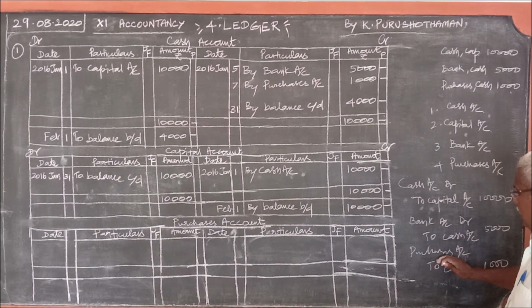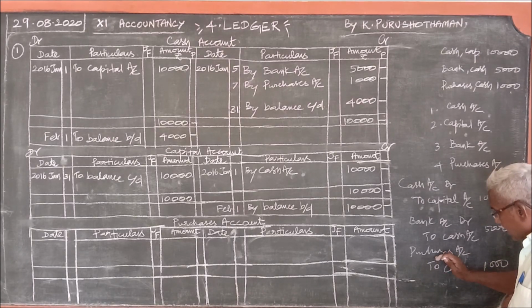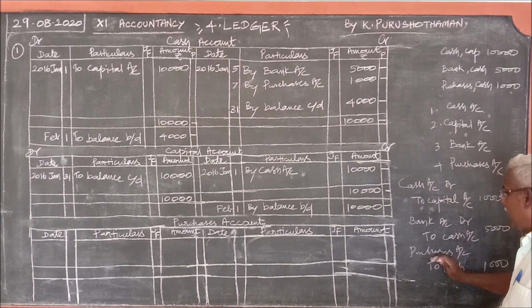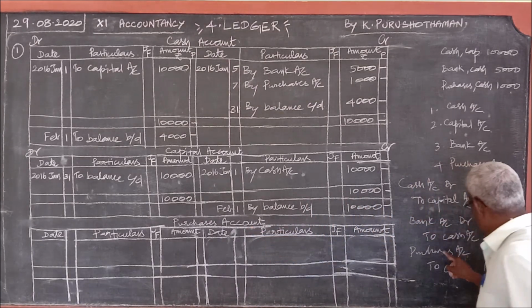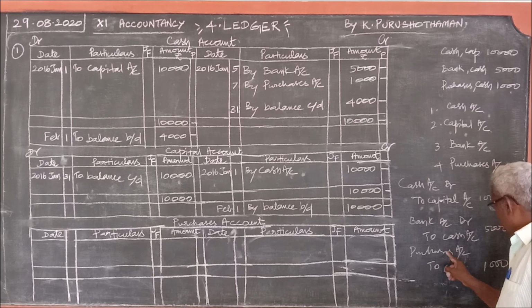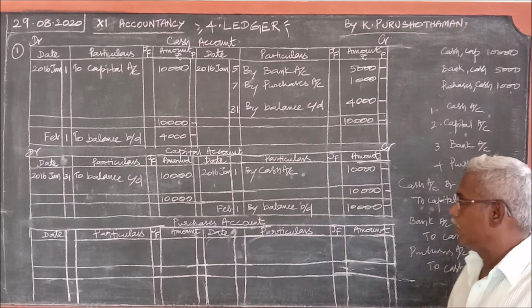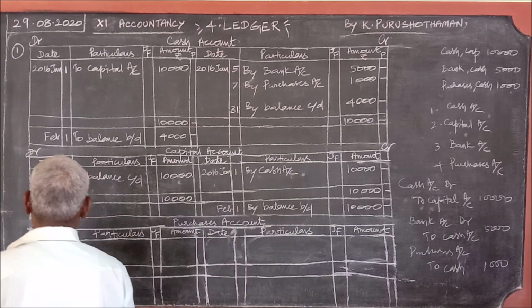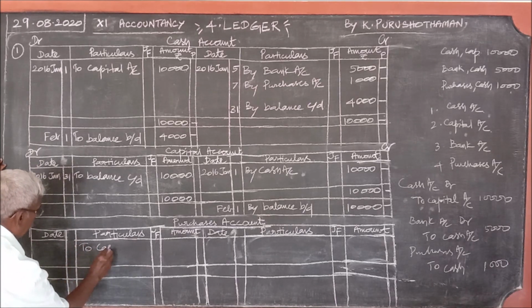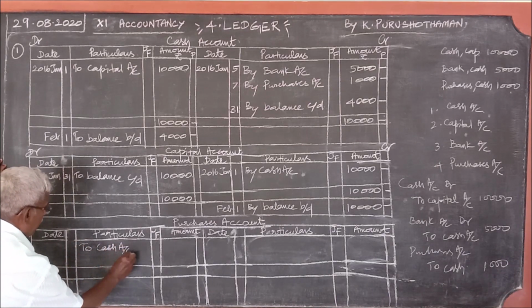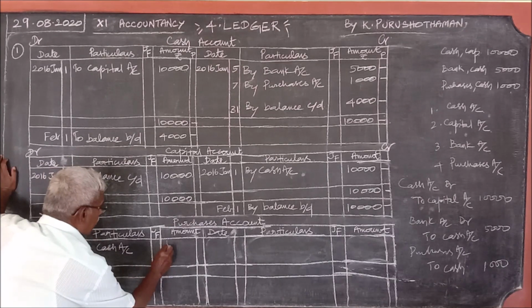I said already, the first line is for debit, the second line for credit. So the purchases account appears on the debit side. Therefore, we should pass the entry on the debit side. What is coming along with this purchases account is cash account. Therefore, we should write there to cash account 1000.